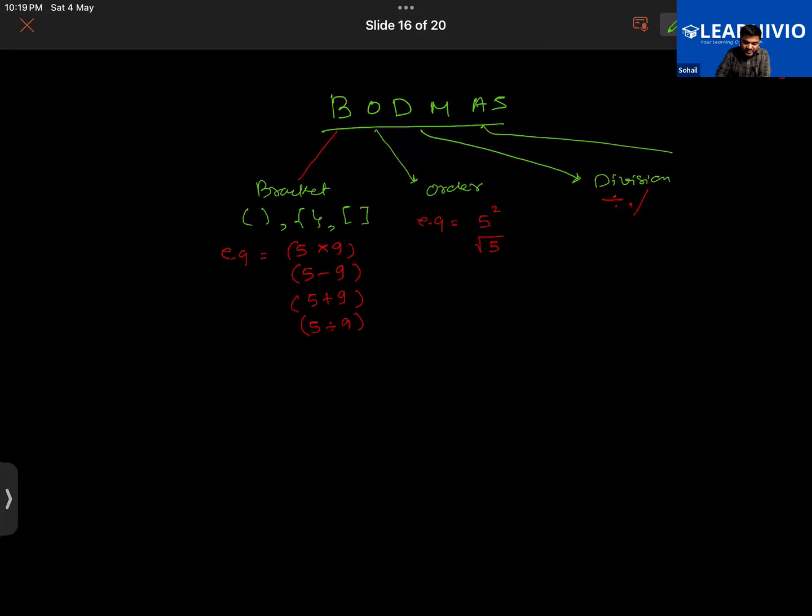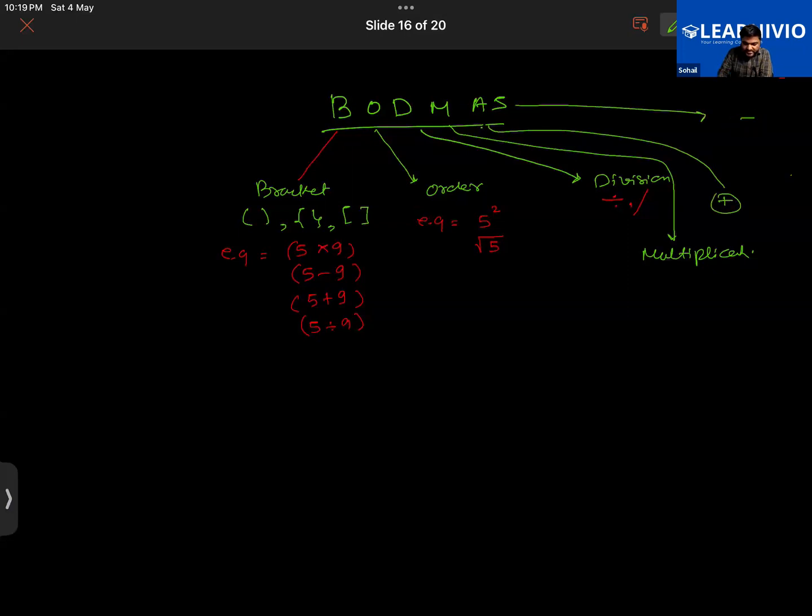Then A here stands for addition. What about M? We forgot about M here. M here stands for multiplication. Good for pointing that out. So that is multiplication. And in the last two steps, you would be doing addition and then subtraction at last.